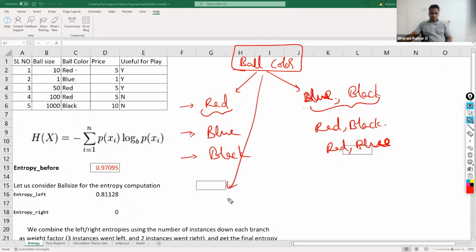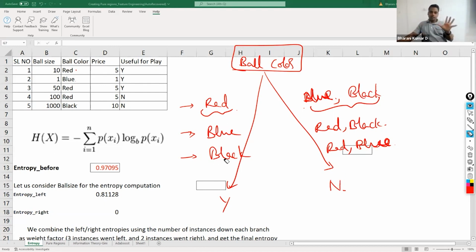Yes and no will be the same. If it is red, yes. If it is not red, that means if it is blue or black, it will be no. For this, you calculate the entropy. Then calculate the entropy using this rule: blue means yes, red and black means no. Calculate the entropy.